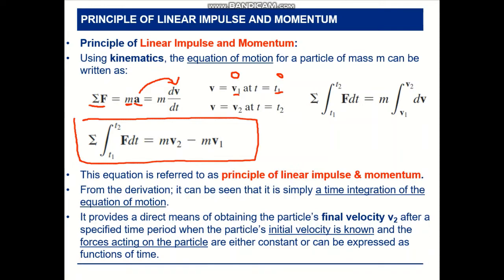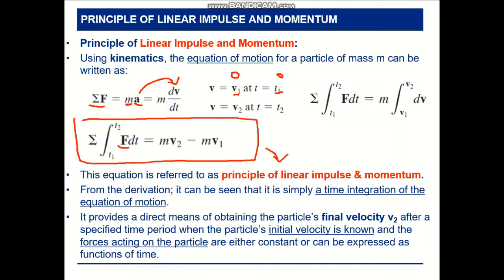This equation is called the principle of linear impulse and momentum. From the derivation, it can be seen that it's simply a time integration of the equation of motion, which is F. If you take the integral with respect to time, it's going to be F dt.